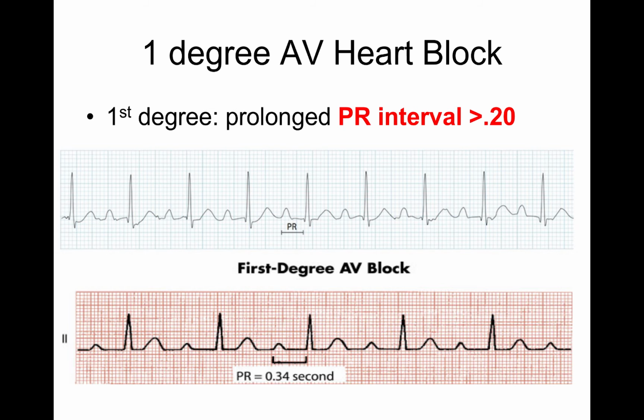So in this complex, we're looking at the PR interval, and it's going to be longer than 0.20. So clinically, we really don't do anything about these. This is just something to watch and know that there's a delay occurring that we should closely monitor, and this can turn into other degree blocks.